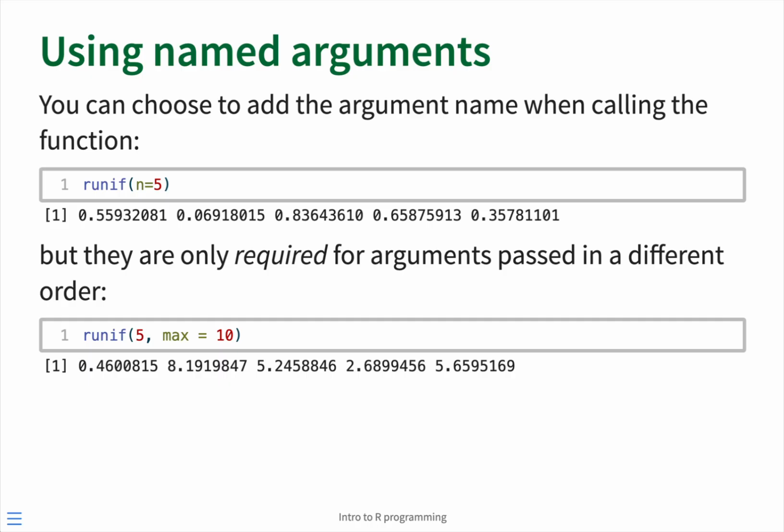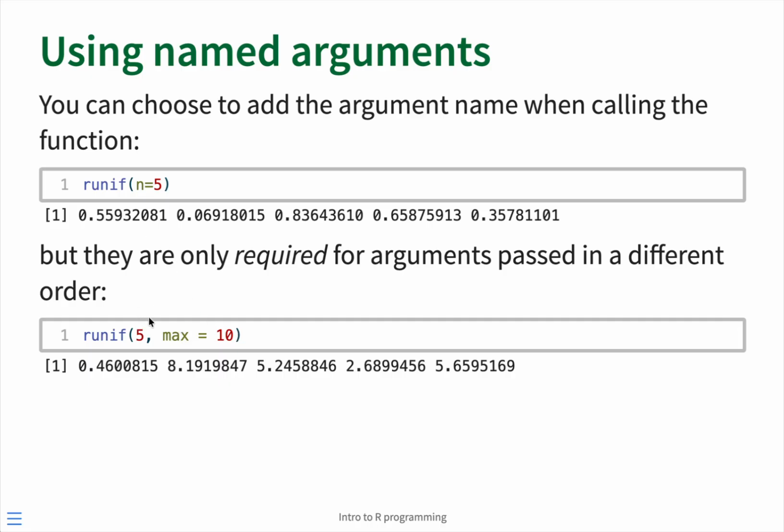So when arguments have names, we can supply the name of the argument, right? We can say n equals 5 to specify that we want 5 random numbers generated. But we don't have to put the n equals or the argument name equals as long as we supply the values to each of those arguments in order, right?